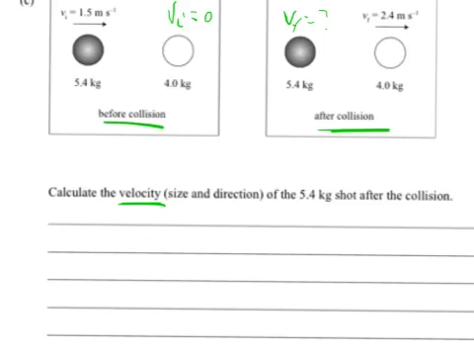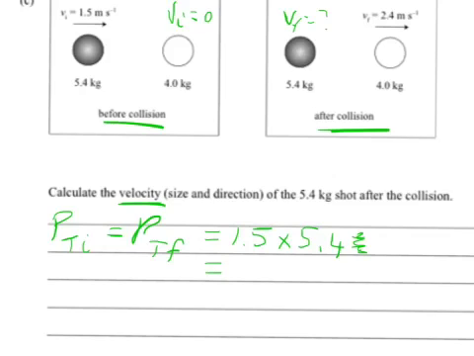We know that the total momentum initial equals the total momentum final in the after. So we can say that 1.5 times 5.4 equals the total initial momentum, and that should equal, I'm going to have to do this below, for the final conditions, the final velocity times 5.4 of the 1 plus the 2.4 times the 4, which is the momentum of the second.